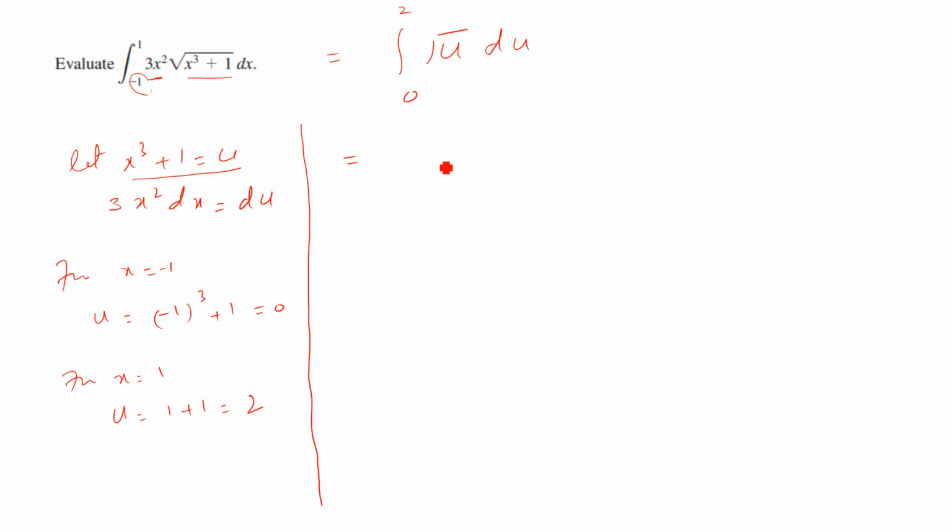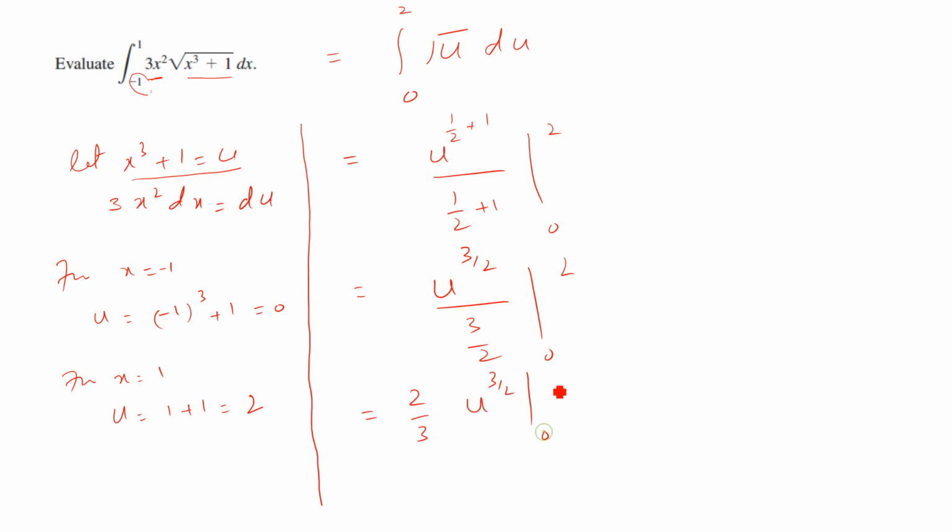So let's evaluate it by the power rule. So u to the power 1/2 plus 1, divided by 1/2 plus 1, and the limits here are 0 to 2. So this is equal to u to the power 3/2 divided by 3/2, from 0 to 2. So this is 2/3 u to the 3/2, from 0 to 2.